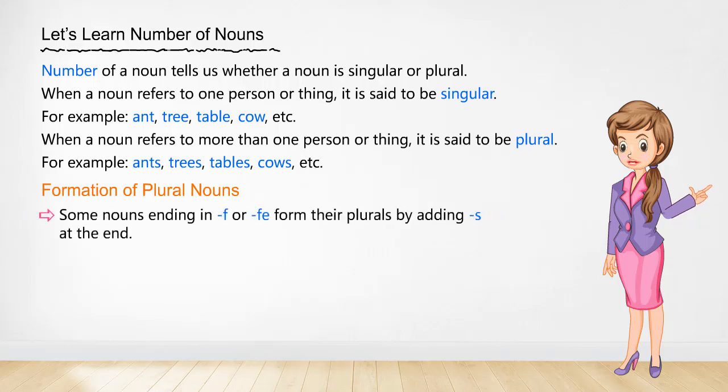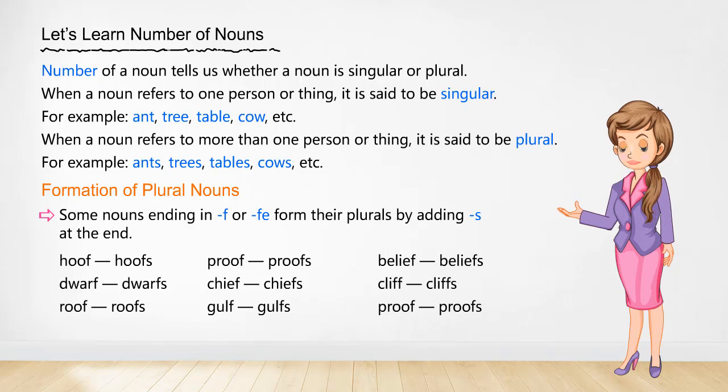Some nouns ending in f or fe form their plurals by adding s at the end. Hoof, hoofs; dwarf, dwarfs; roof, roofs; proof, proofs; chief, chiefs; gulf, gulfs; belief, beliefs; cliff, cliffs.